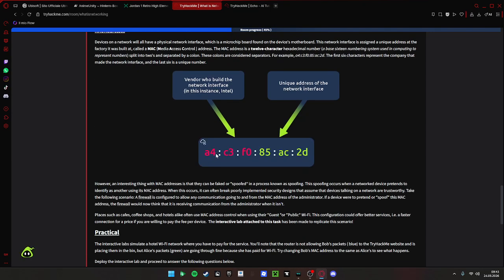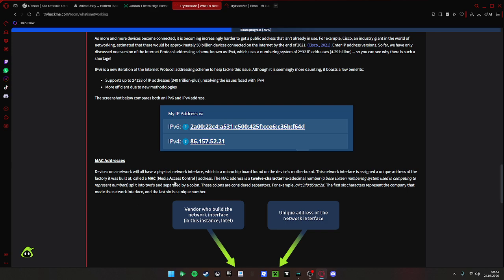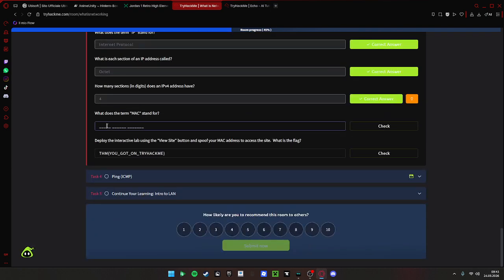What does the term MAC stand for? So we have seen here MAC address, MAC, Media Access Control. Let's copy it and put it here.